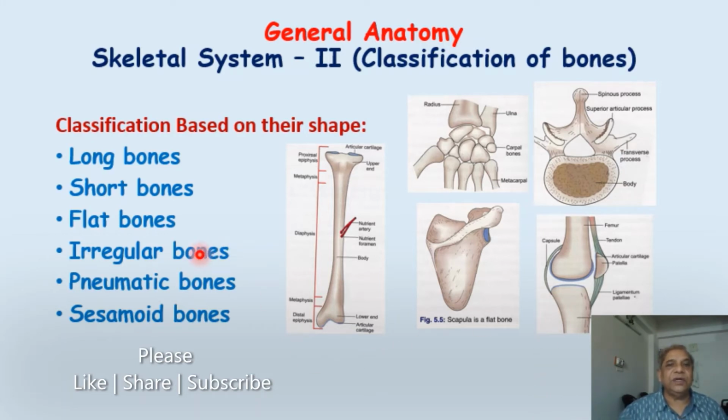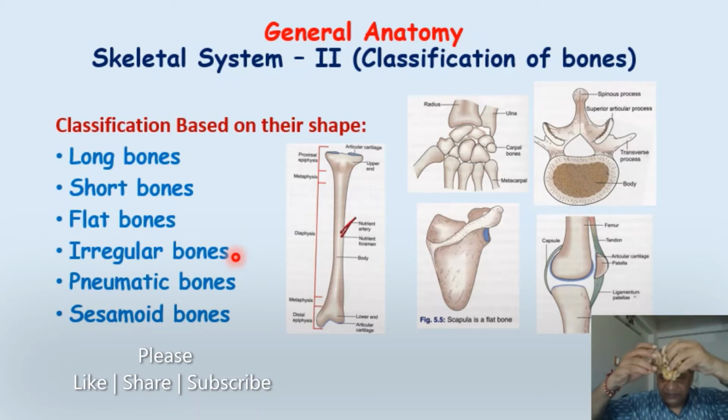Coming to the fourth kind of bone in the classification, they are irregular bones. Irregular bones means they do not have any particular shape, and they have so many processes or surfaces. For example, here this is a vertebra.